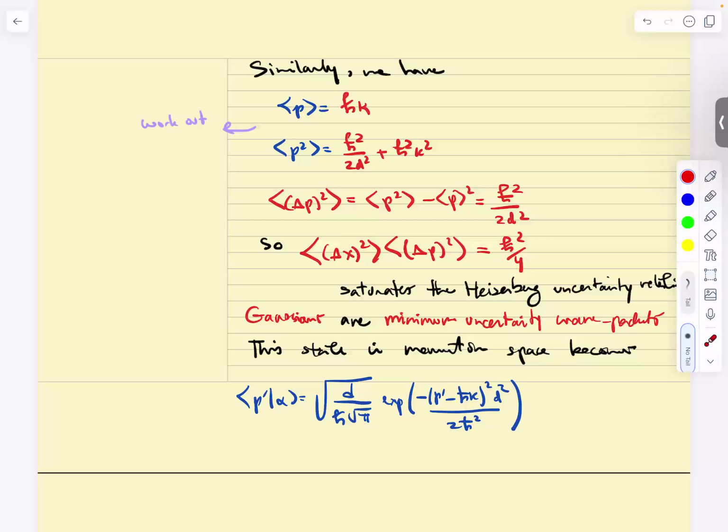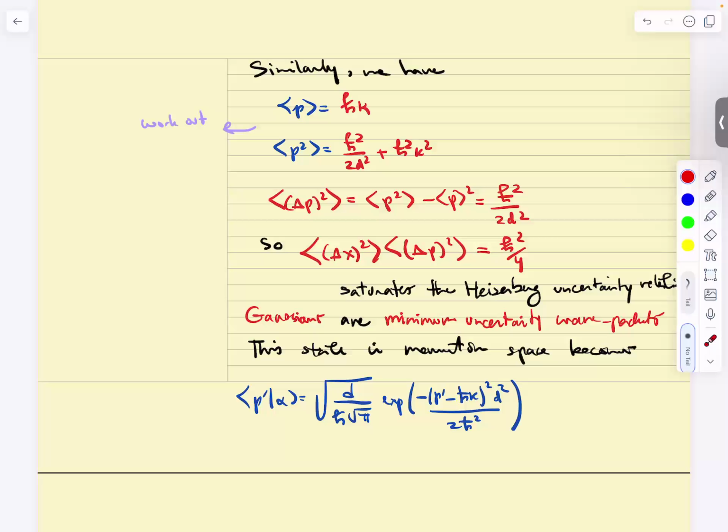So that line, let me skip the first line. Let me schematically write it. The first line looks like this. So it will be 1 over N squared, integral of dx e to the power of i k x minus x squared over 2d squared. I'm going to copy the second one here: e to the power of i k x minus x squared over 2d squared.